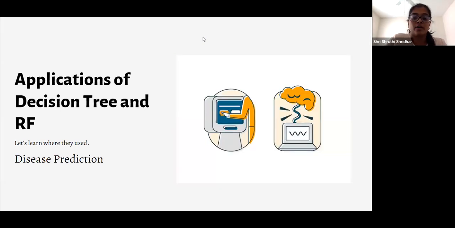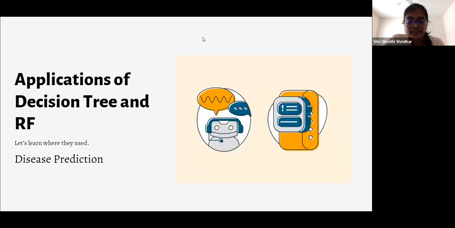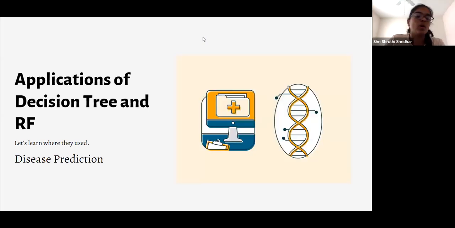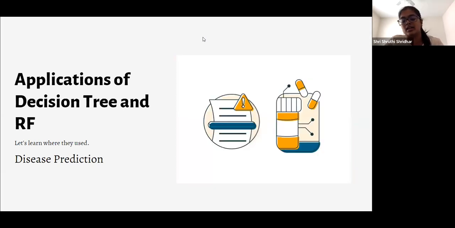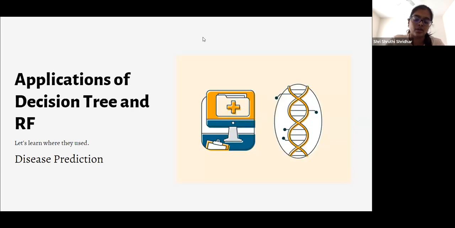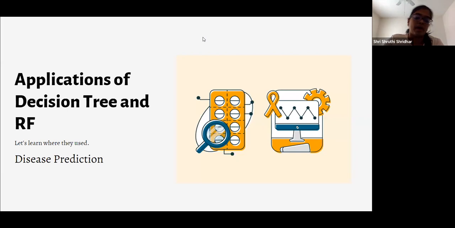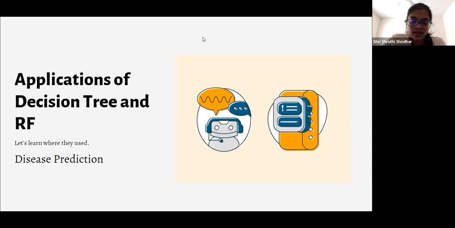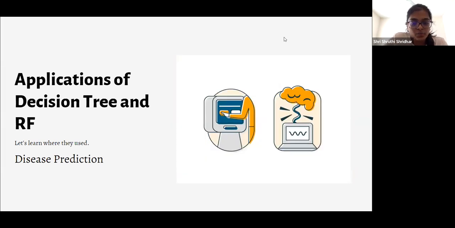And if you have these symptoms, you are highly affected, you should be taking these steps. So how are they doing this? They are taking all the symptoms as features, and they are running them through decision tree and random forest based on the data that they've collected till now, and they are giving you the prediction of whether you're affected, and if so, how badly. So this is one real-time use case that we are currently experiencing as well. Let's move on to the next one.